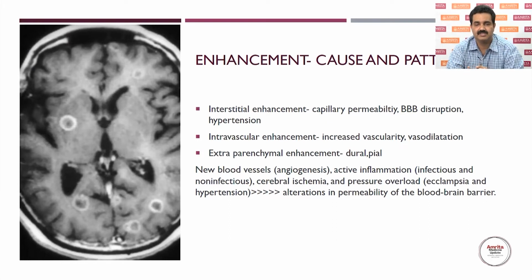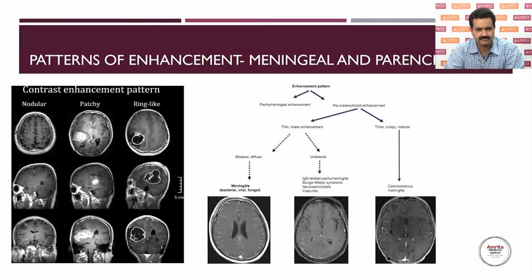That means it is not inside the parenchyma, but in the meninges. You can see thickening of the meningeal layer with enhancement. So new blood vessels, active inflammation, cerebral ischemia, and pressure overload can produce alterations in the permeability of the blood-brain barrier and can cause enhancement.